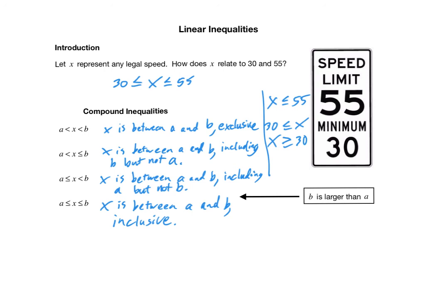These are the four possible compound inequalities. You don't have it where you have greater than signs, because remember, in general, these are always written with the b being the larger number. So the larger number goes to the right as opposed to the a values on the left. As long as you do that, you would never have the inequality symbols flipped the other way. These are the four possible ones.